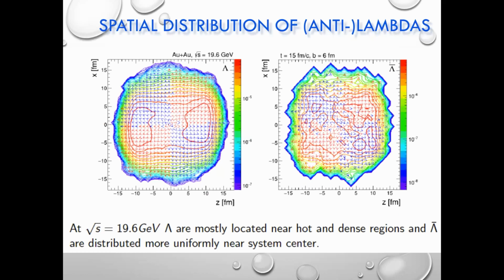Here we have the spatial distribution of lambdas, both lambdas and anti-lambdas. That's another important point, because you see, when the bombarding energy drops, we can't get rid of the influence of spectator regions.